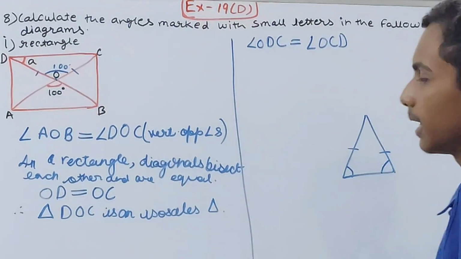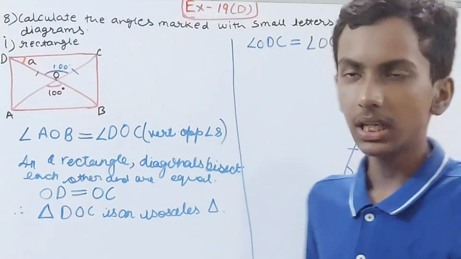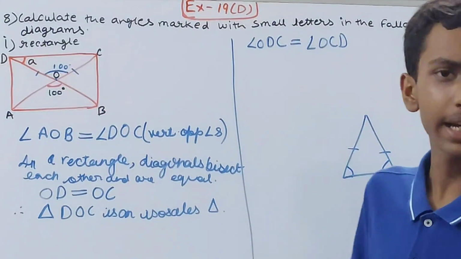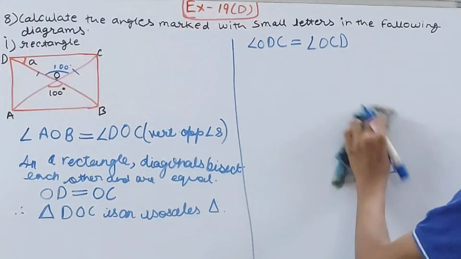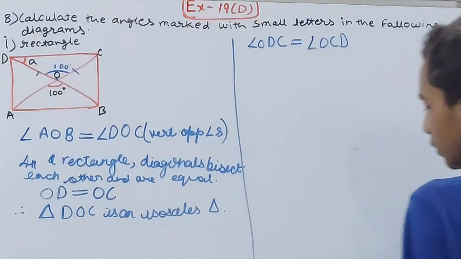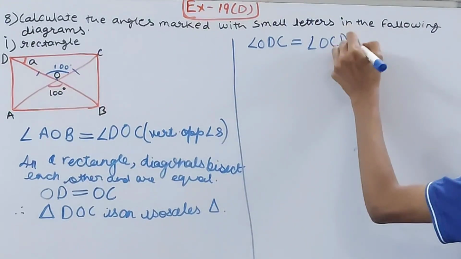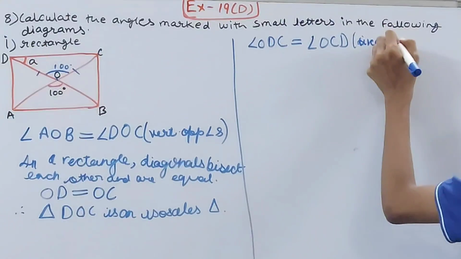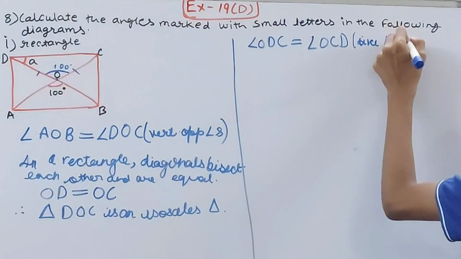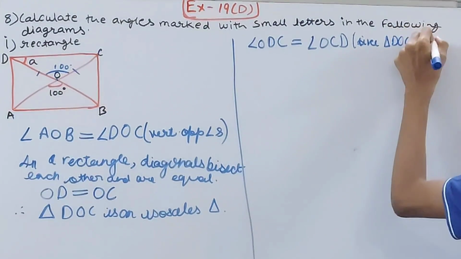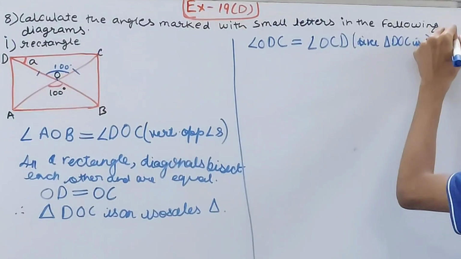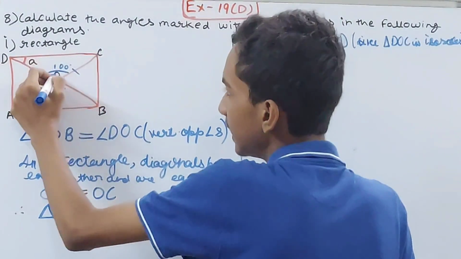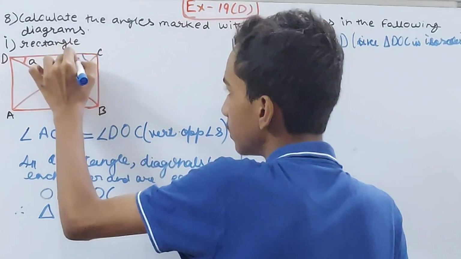Yes or no? Because the angles opposite the two equal sides are equal in an isosceles triangle. You can also mention the reason, since triangle DOC is isosceles. So this is A, this is 100 and this is also A.